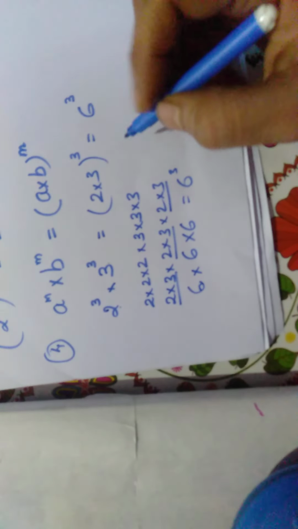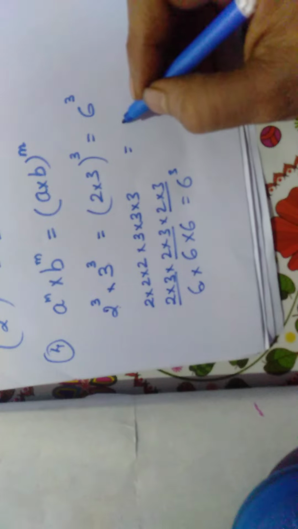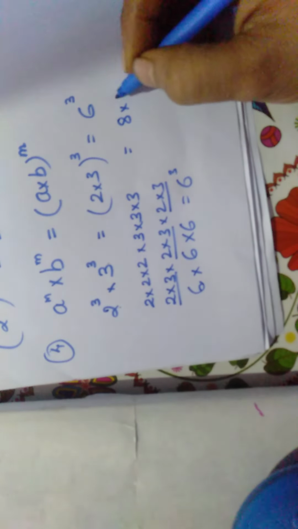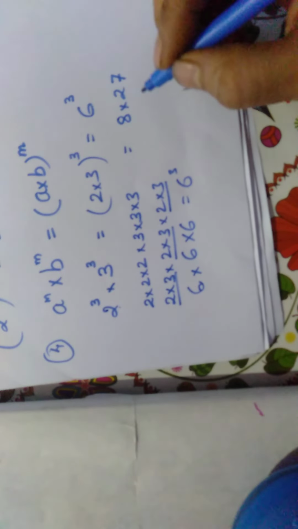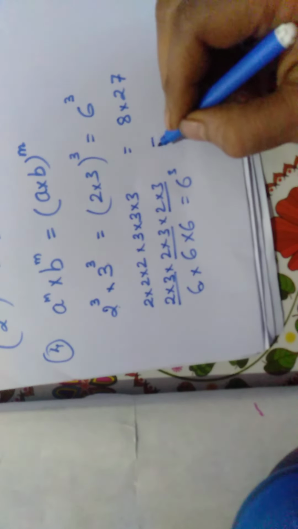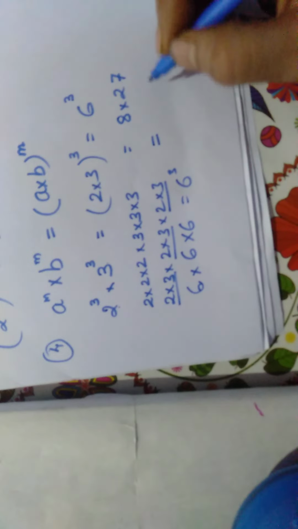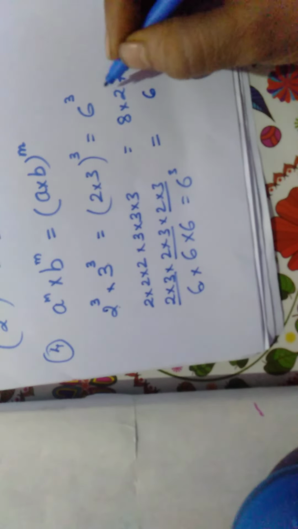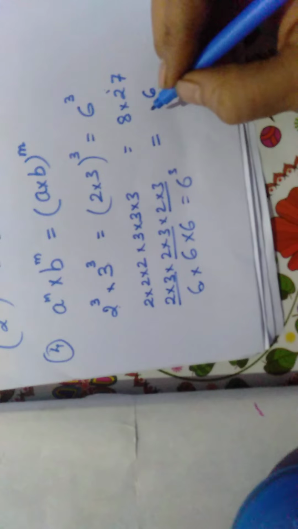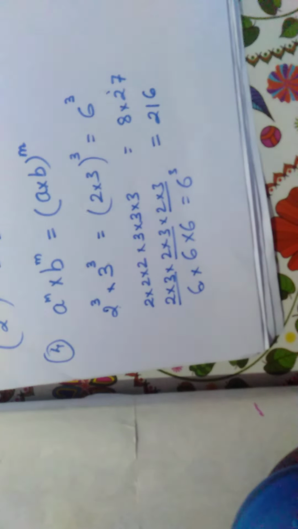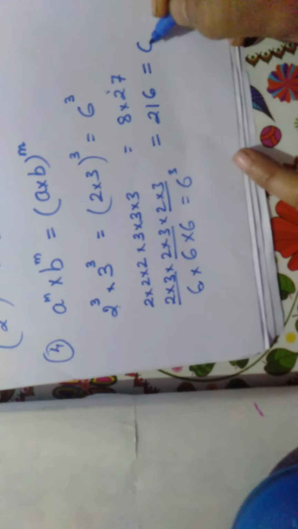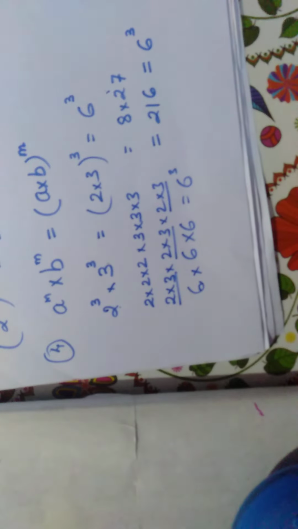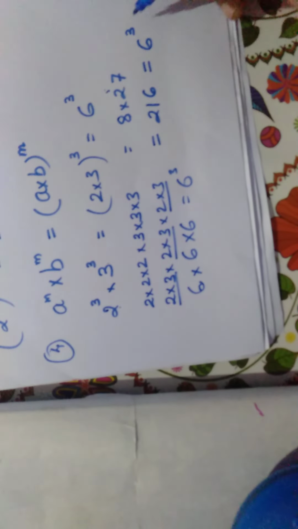Otherwise you can also calculate it as 8 into 27, and if you multiply this, then 8 sevens are 56, 8 twos are 16 plus 5, 216. And if you remember from the chapter of cubes, 216 is the cube of 6. So this is equal to 6 cube.